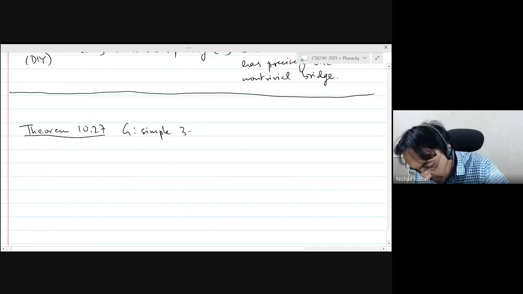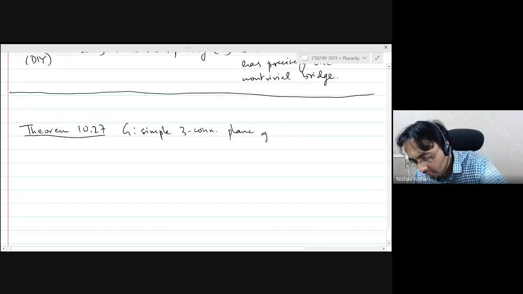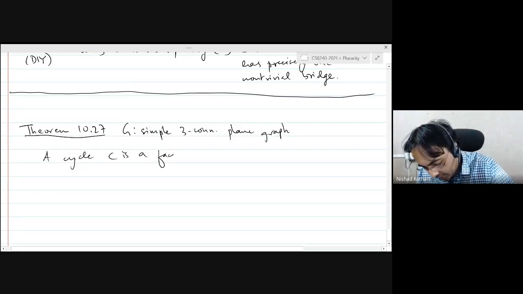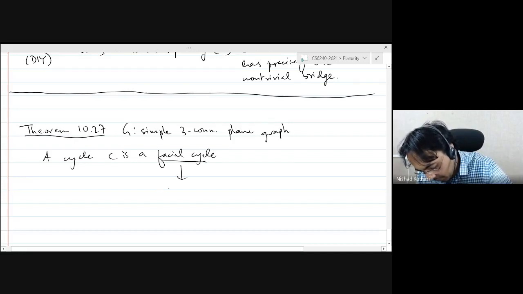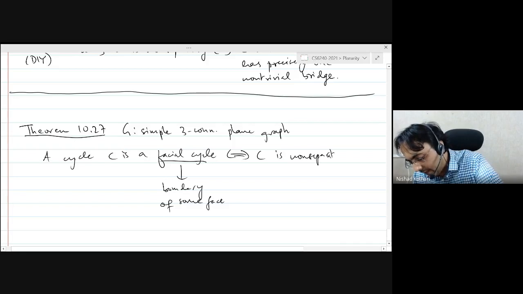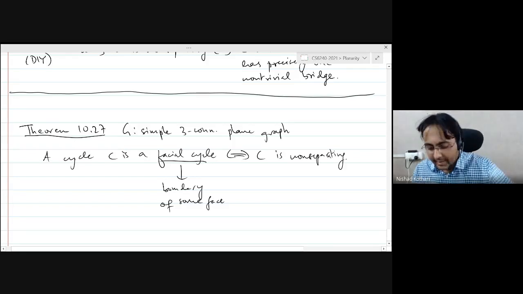So you have a simple three-connected plane graph. And we'll be proving that a cycle C is a facial cycle, so that means it's a boundary of some face, if and only if the cycle C is a non-separating cycle, which means it has exactly one bridge, which kind of makes sense, right?